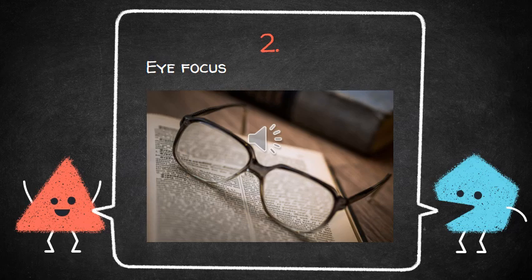Eye focus. Because you are going to use your eyes for reading, make sure that you are very focused on your eye movement. You are going to move your eyes very quickly, like making the movement of an S and making the movement of a Z. Very quickly, you are going to search for the information that you want to know, and it happens quickly.